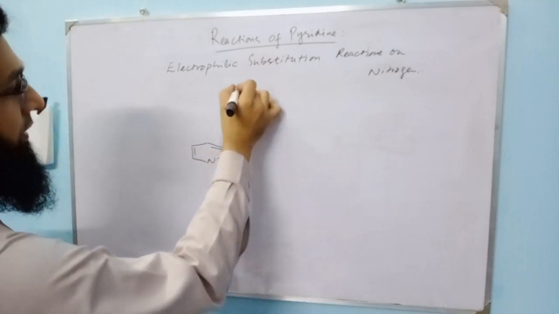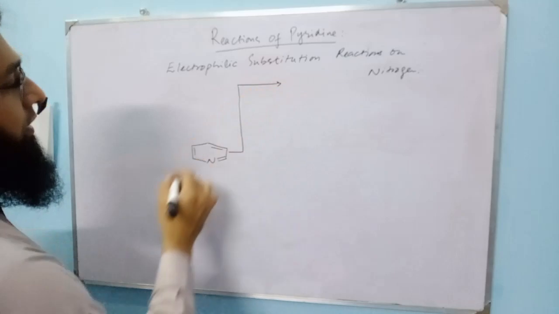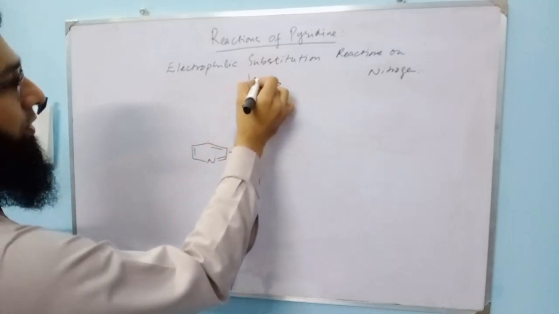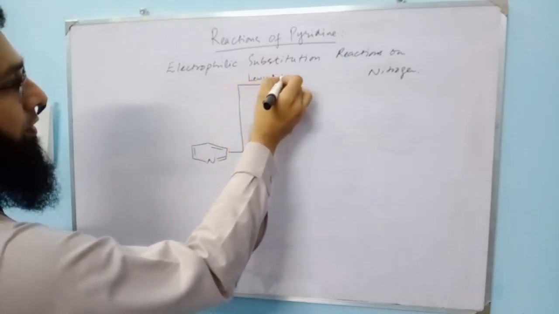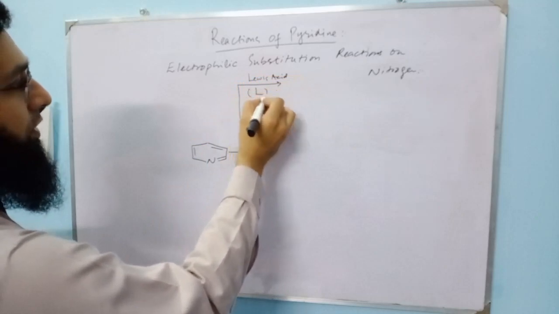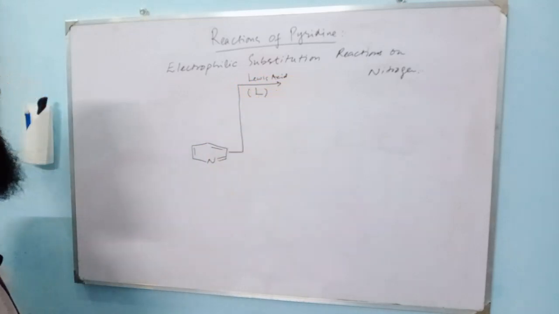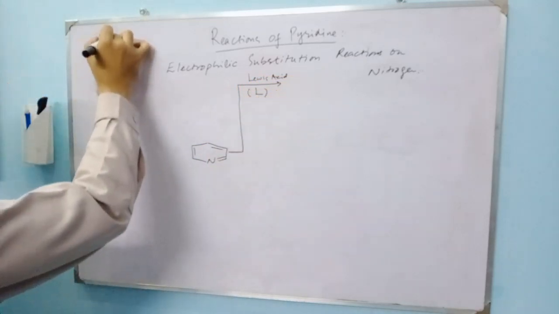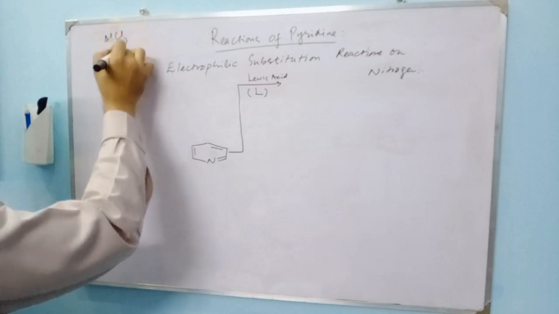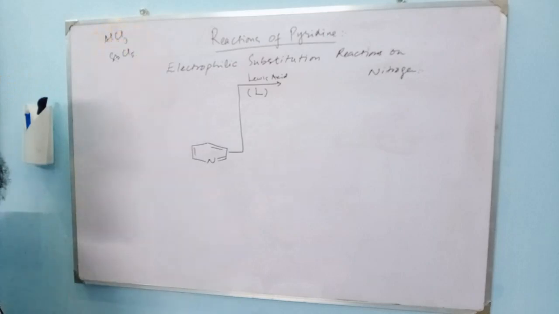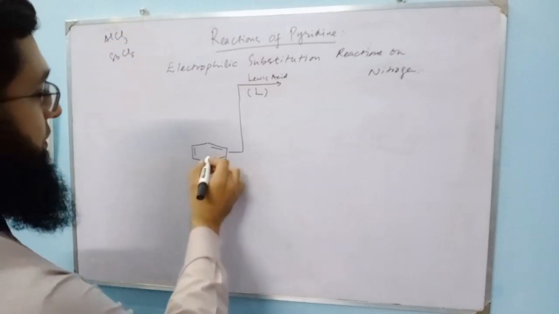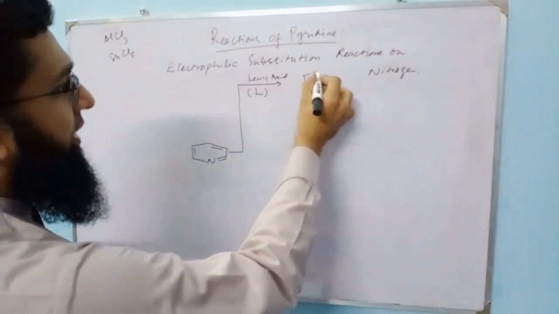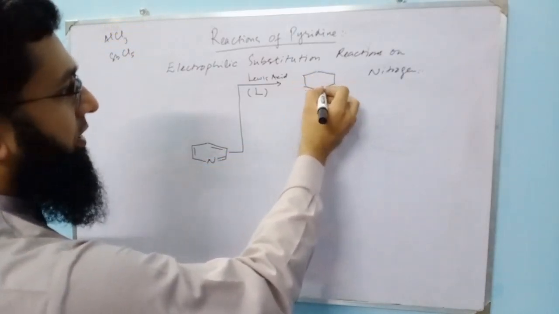If we treat pyridine with any Lewis acid, for example we call it L, and this Lewis acid can be aluminium chloride or antimony chloride, and as a result of this reaction a stable adduct is formed.